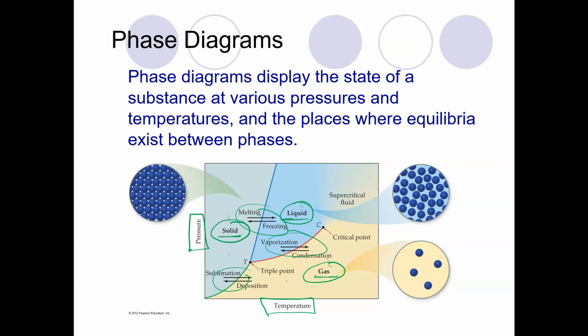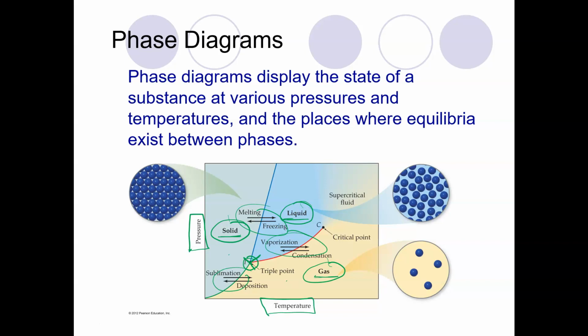The last 2 things that are important for us are the triple point. The triple point is the one spot on the graph where, when I put my pencil there, it's touching the solid, the liquid, and the gas all at once. So triple. Chemicals have 1 temperature and 1 pressure where it's possible for them to be in the solid state, the liquid state, and the gas state all at once.